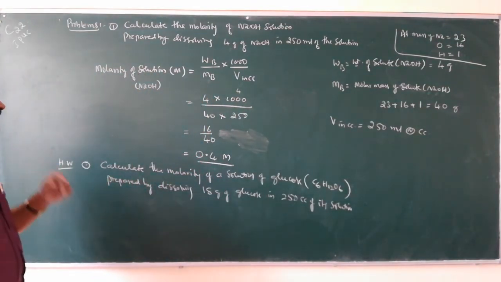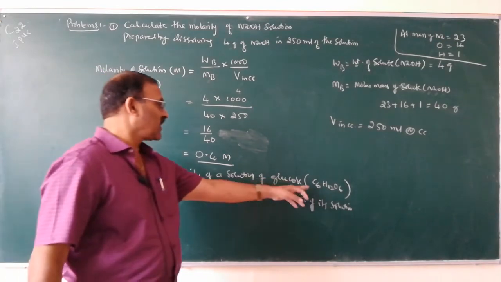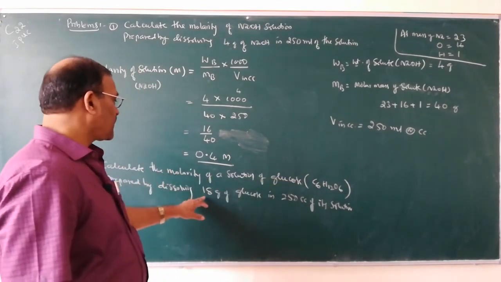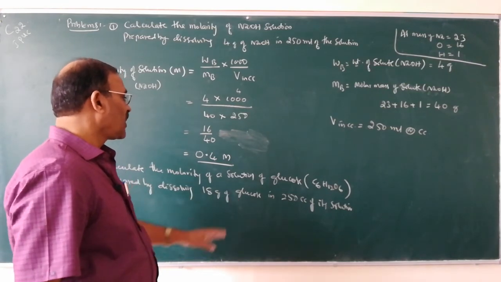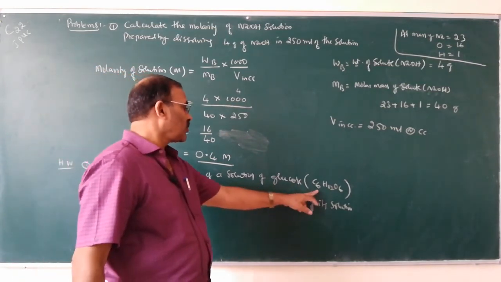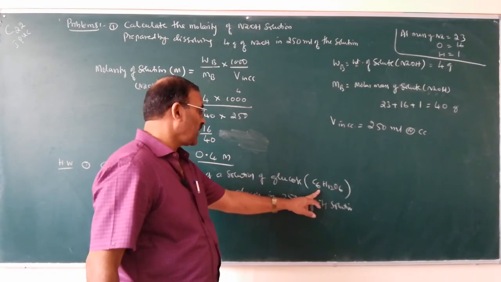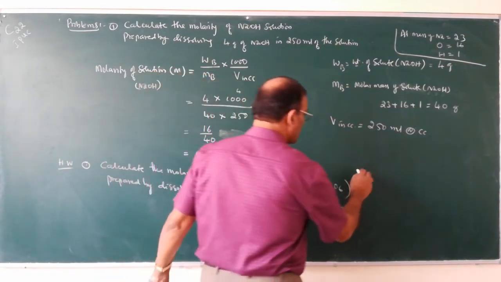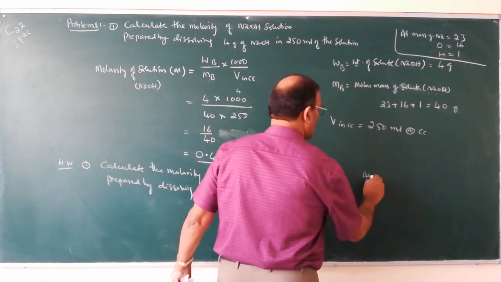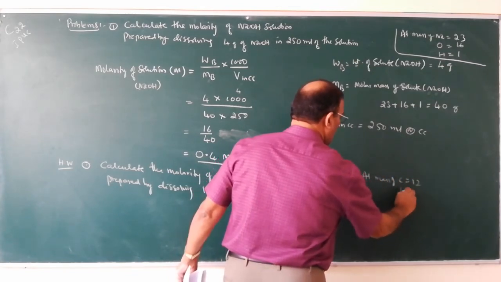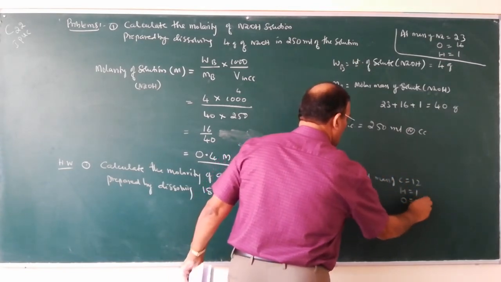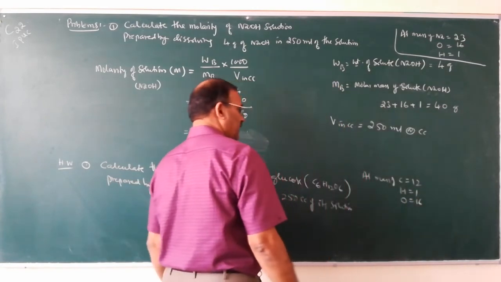So here the solute is given, the weight of the solute is given. Weight of the solute is 18 grams. Molar mass of glucose you have to determine. What is the atomic mass of carbon? So atomic mass of carbon equals 12, hydrogen equals 1, oxygen equals 16.